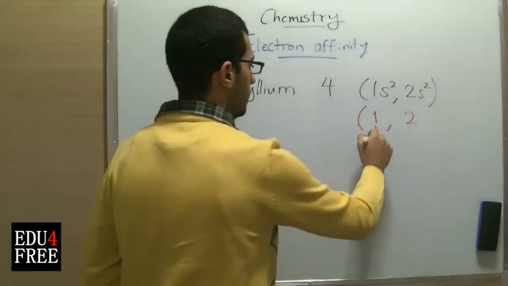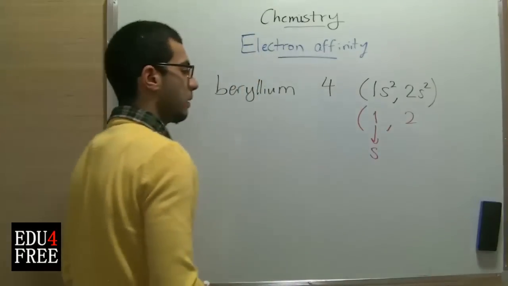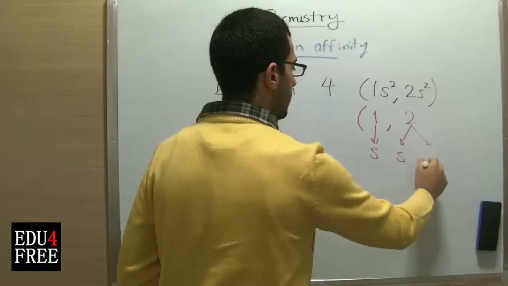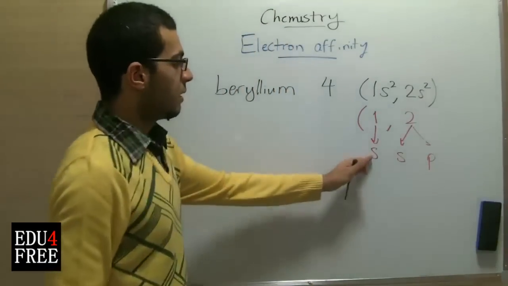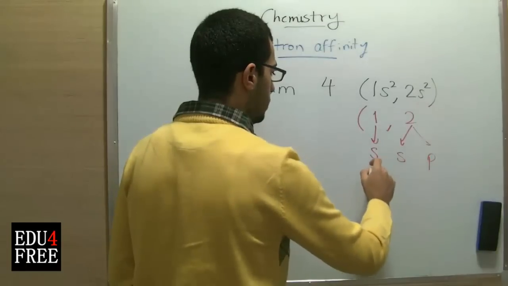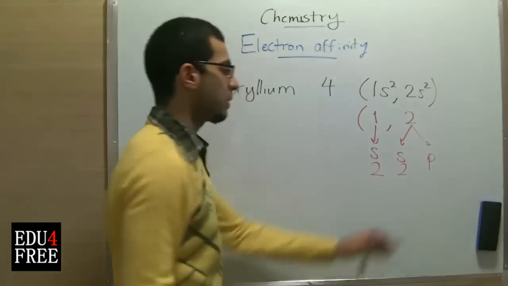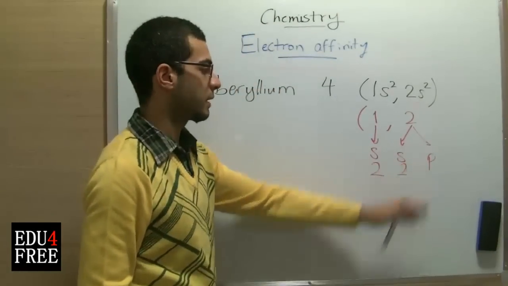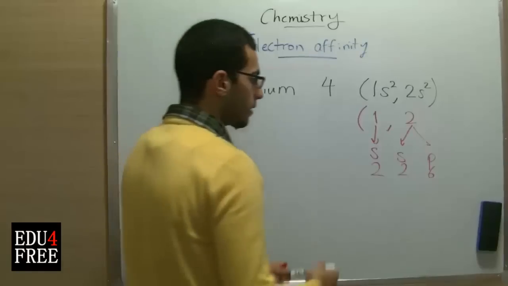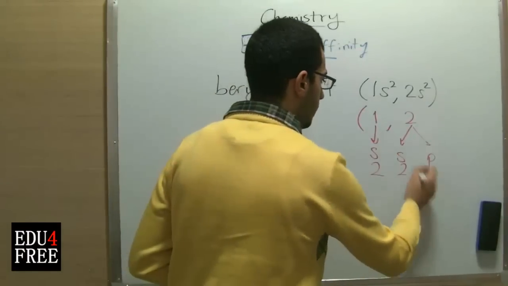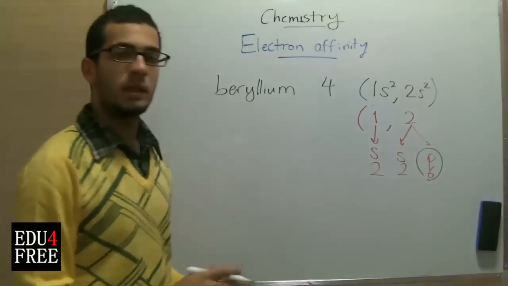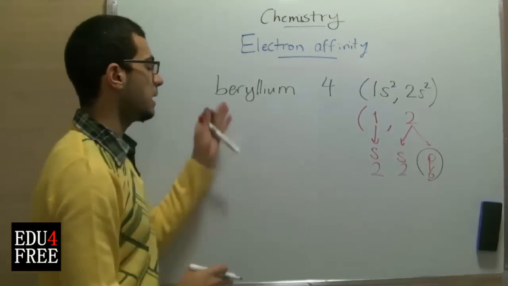The first energy level contains only the s sublevel, and the second contains the s and the p sublevels. The maximum amount of electrons that the s sublevel can carry is 2, and the maximum that the p sublevel can carry is 6. Now, we don't have any electrons in the p sublevel at all here, but at least we have the s sublevel completely filled. So this makes some kind of stability in the atom.